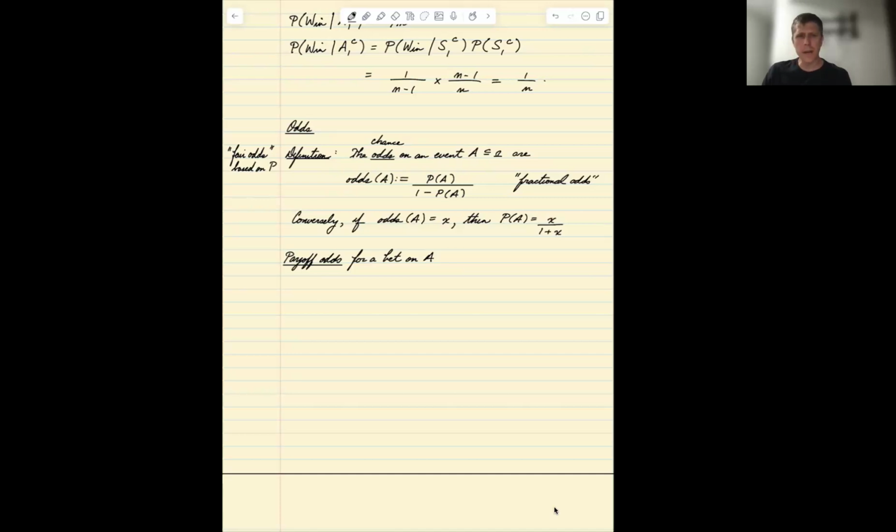Payoff odds for a bet on A are the net gain if we win divided by the stake.